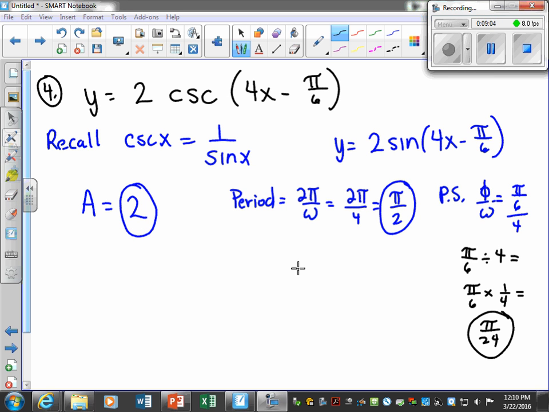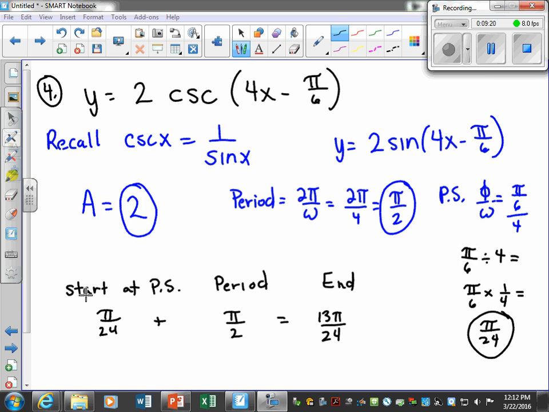We determined our A, we determined our period and our phase shift, and this is just showing the calculations here. So we're going to use this information to get a rough sketch of our sine graph and then use that to graph this. Okay, we start with our phase shift, add our period to get our endpoint.